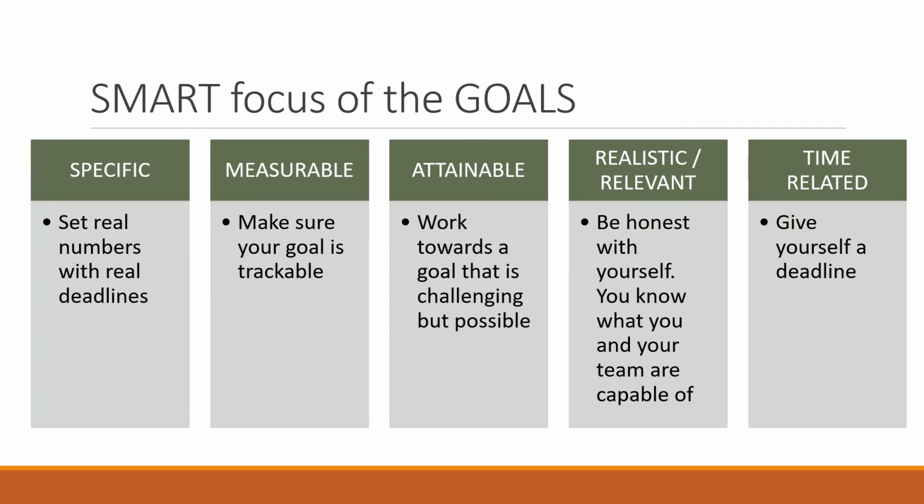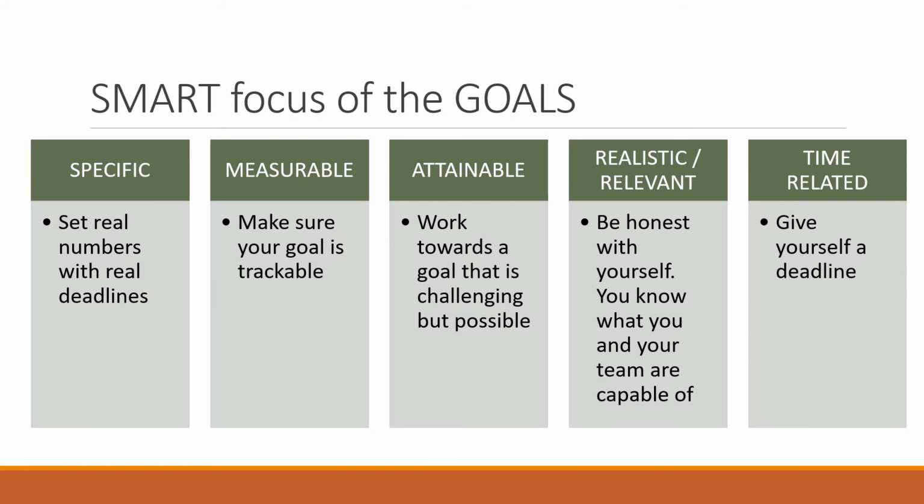You need to say specifically what you are going to do in numbers. How many activities you're going to deliver, how many of something. So it must have a specific number that you're going to do in 1.5 years.